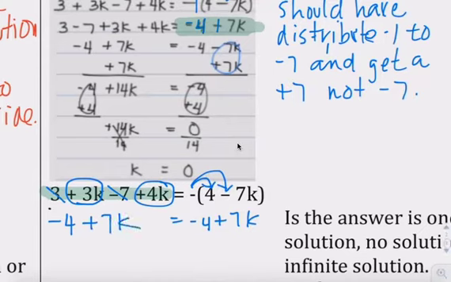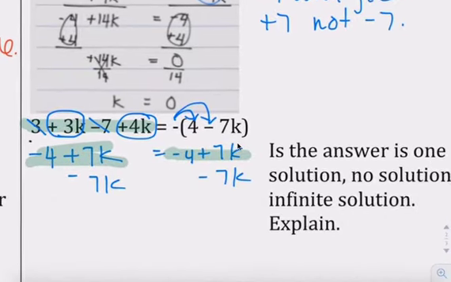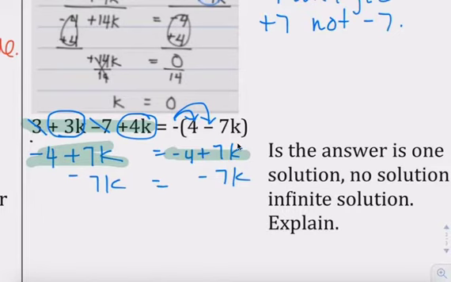That's the same thing here. Okay, you have to minus 7k, minus 7k. Look, these guys are identical already. So we know it's infinite solution. That's 0, 0. Negative 4 plus 0 is negative 4. And negative 4 plus 0 is negative 4.